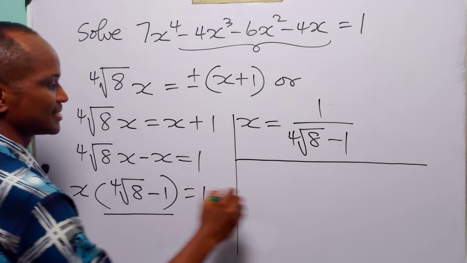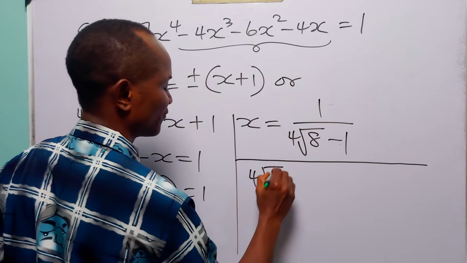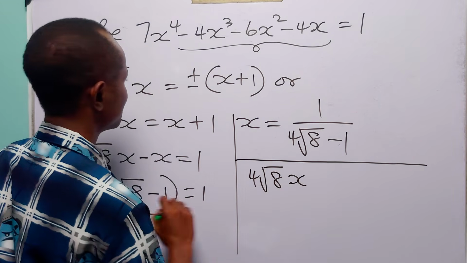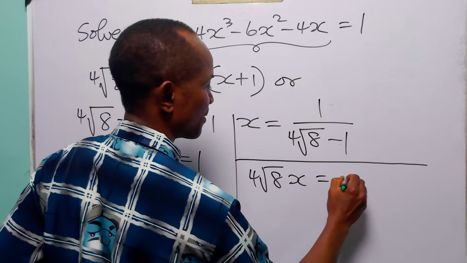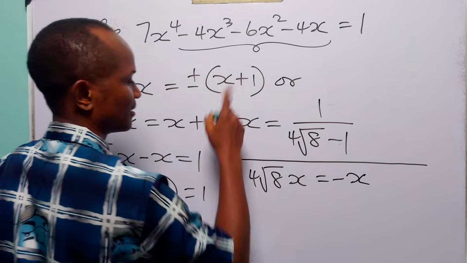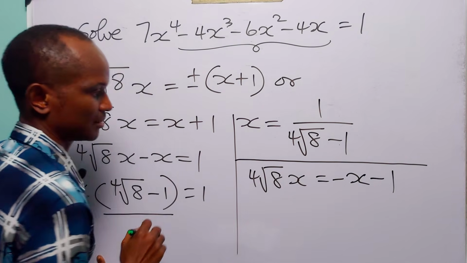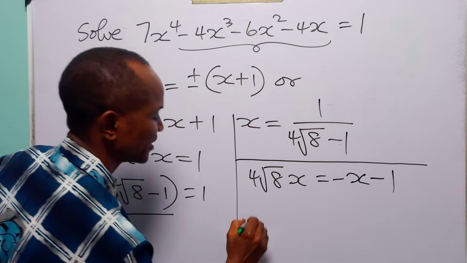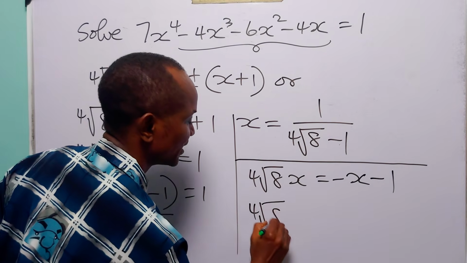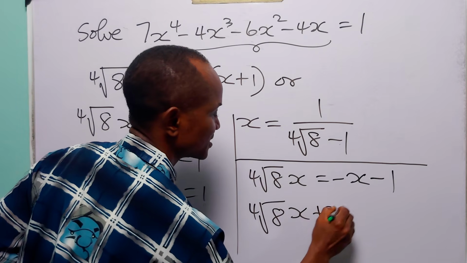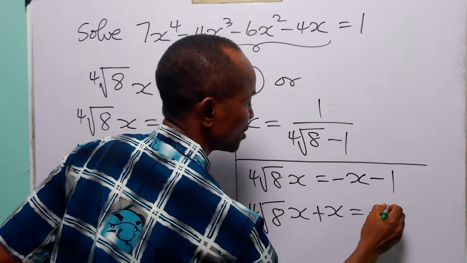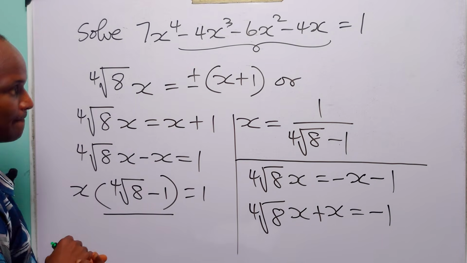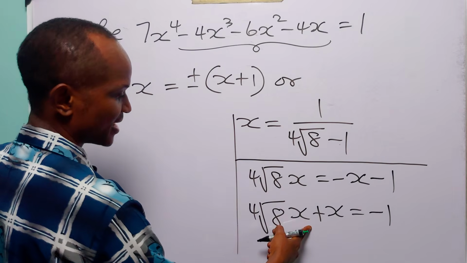Now, in the second case, we have that the fourth root of 8 times x is equal to minus x minus 1. When we add x to both sides of this equation, then we have that the fourth root of 8 times x plus x is equal to minus 1. Once more, we can factorize this.